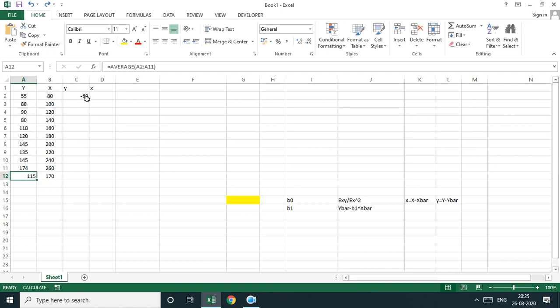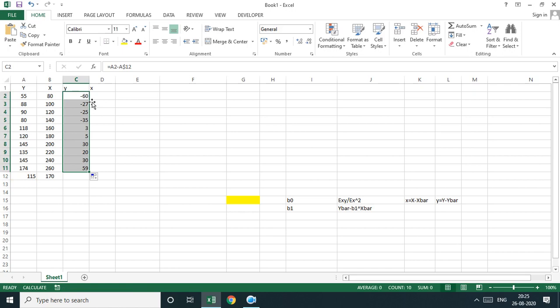Whenever you put a constant value in Excel, you have to tell Excel that this value is constant. For that we put a dollar symbol, which means this value is constant. Then you click it and drag, and you will get these values.